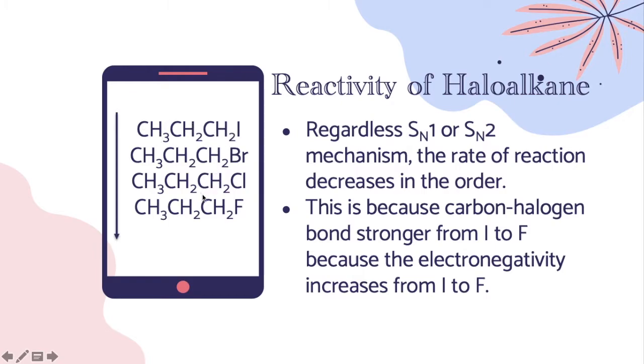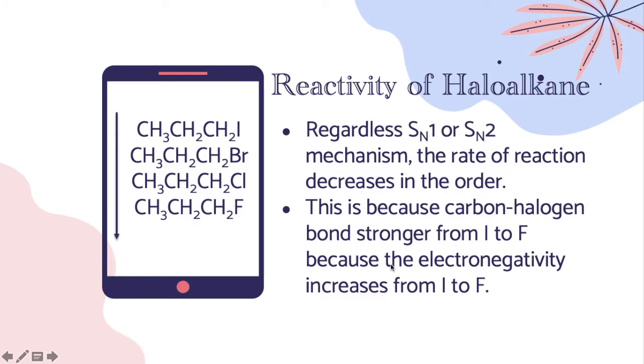Each compound consists of 3 carbons, but they have different halogens: I, Br, Cl, F. When going down the group from I to F, the electronegativity increases. So the reactivity of haloalkane decreases when the electronegativity increases. This is because the carbon-halogen bond is stronger from I to F.